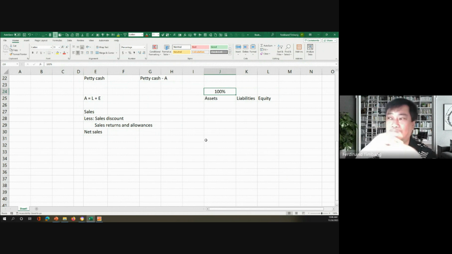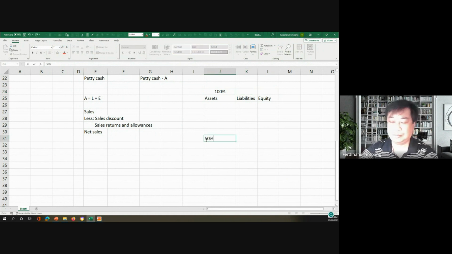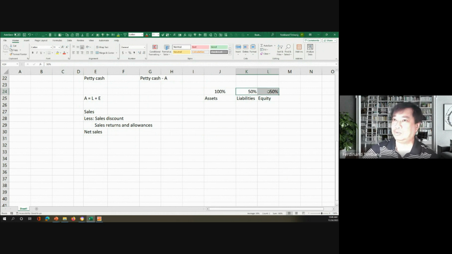So, to look at that, ang capital structure natin itong dalawa. We're looking for the combination of liabilities and equity in relation to your assets. So maaaring yung 50-50, that will help the company.